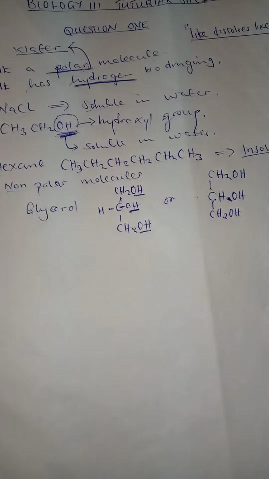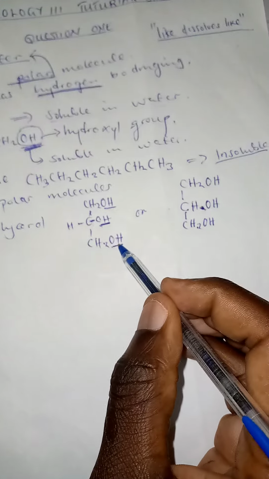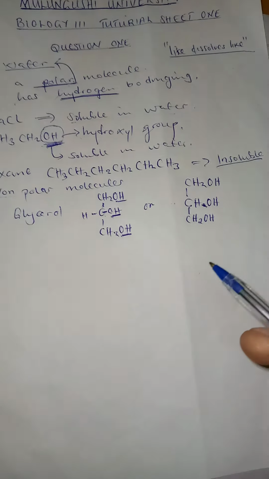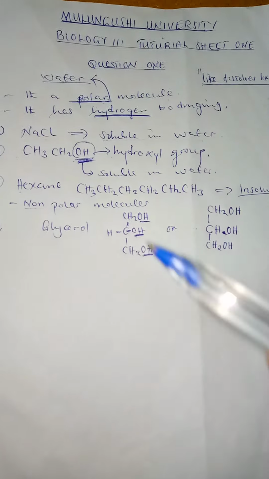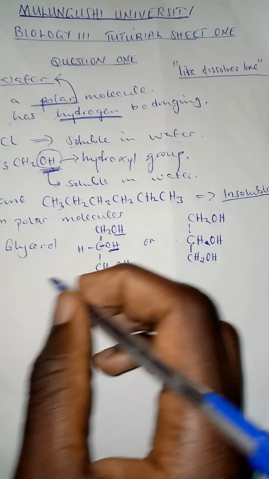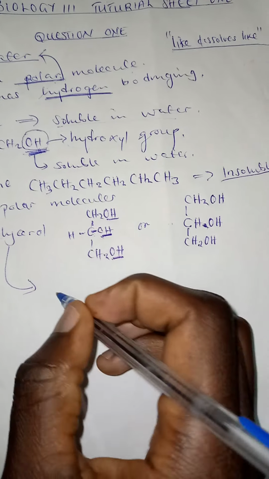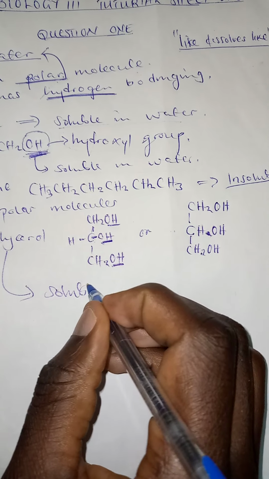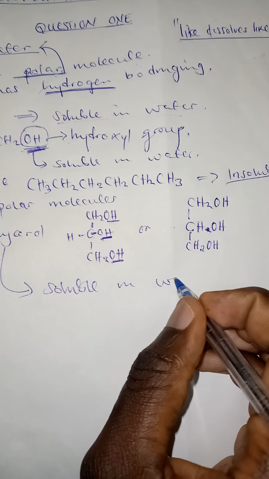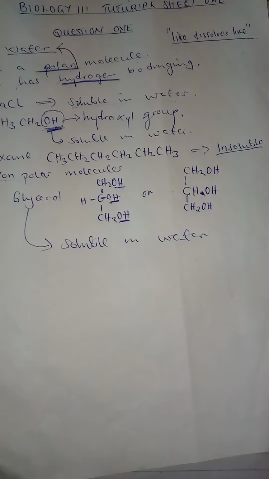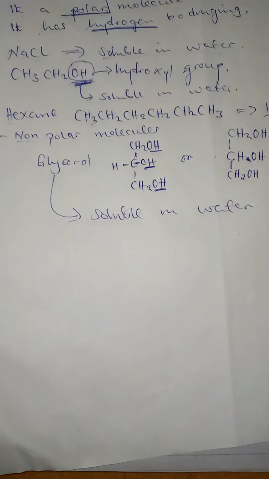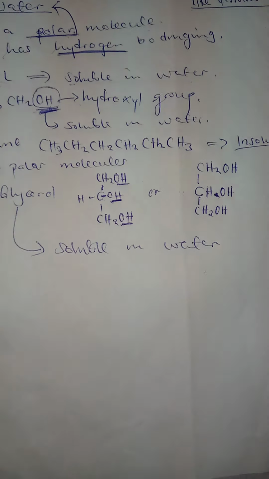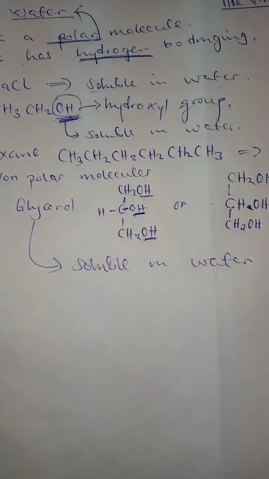So this hydrogen we are seeing here is able to react with water to produce this hydrogen bonding. So this glycerol is soluble in water. Why is it soluble in water? It's because it has 3 hydroxyl groups, which can easily react with water to produce hydrogen bonding, which is one of the characteristics of water.